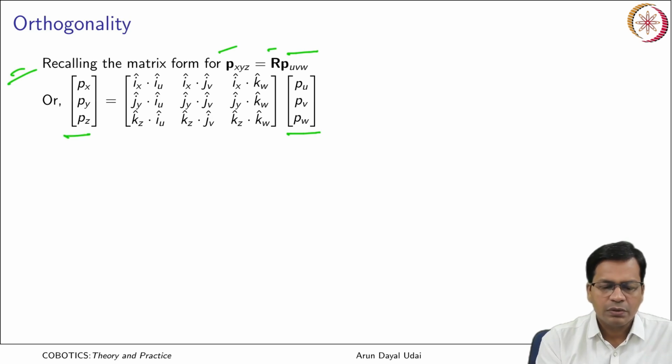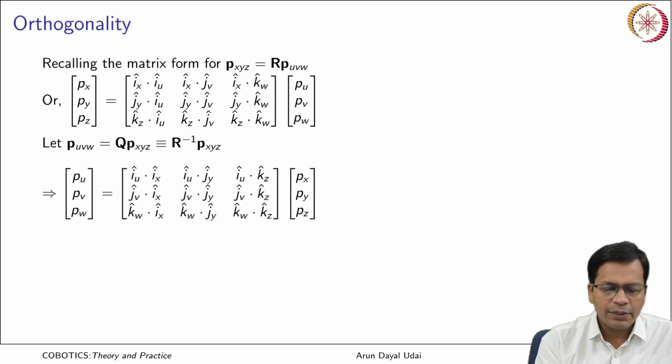Okay, about certain axis, whatever is told by this rotation operator. Okay, so now let us assume there is an operator which is the inverse of this. So let us take it as Q. So what is Q? It takes you otherwise. Actually PUVW was here, PXYZ is here. This time it is inverse, so it is PXYZ here and PUVW here.